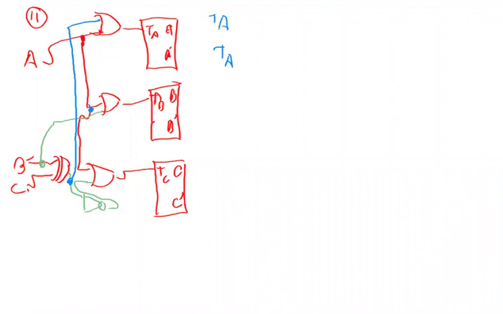T sub A equals... Now it looks like it's equal to B exclusive OR C, ORed with A. So A or B exclusive OR C. T sub B is equal to A ORed with B. A or B. T sub C is equal to A ORed with B exclusive NOR C.